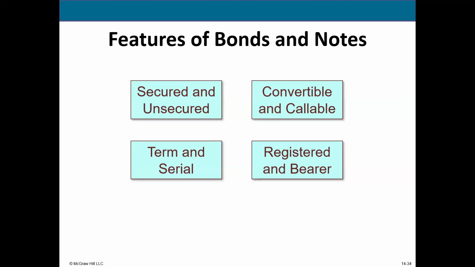A serial payment is the same exact amount every month for a number of years. A term payment means we only pay it maybe once a year or simply at the end of the bond or the loan.